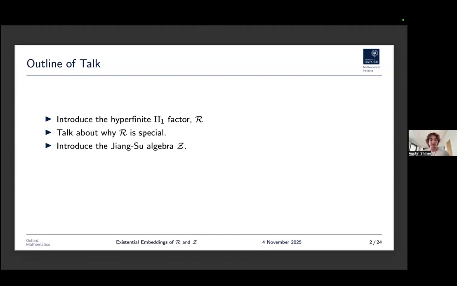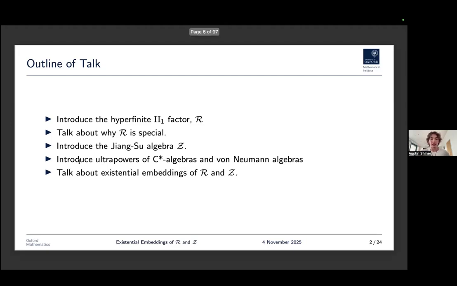We're then going to introduce the Jiang-Su algebra Z, which is going to be some C-star algebraic analog of R. We are then going to introduce a very important construction in the world of C-star algebras and von Neumann algebras, which are ultrapowers. And lastly, we'll talk about one connection to model theory and one question there, which has to do with existential embeddings of R and Z.